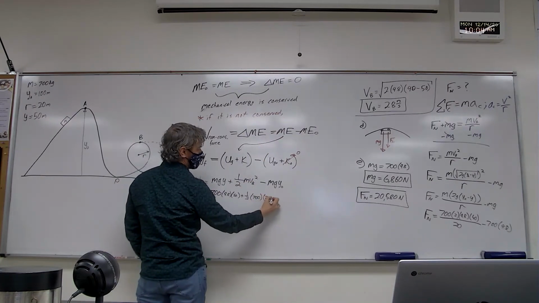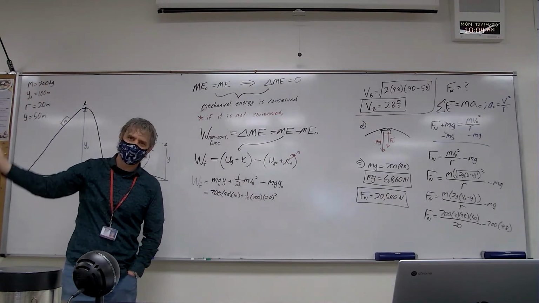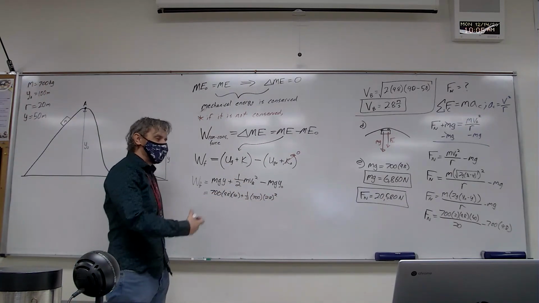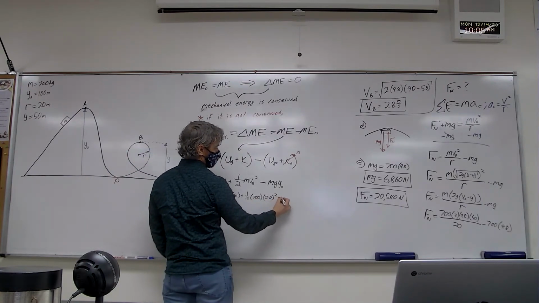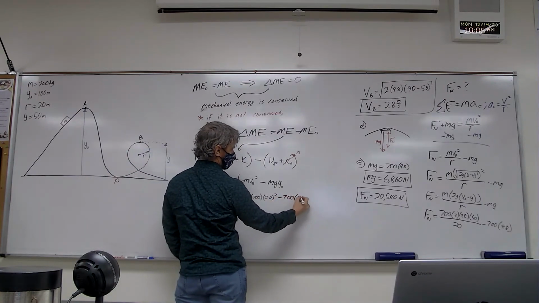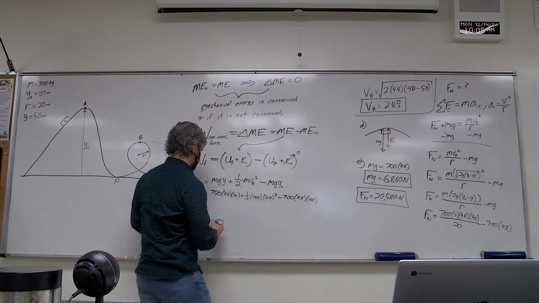That's the velocity that we had to raise the initial height to in order to have that velocity at that point in the real scenario where we actually had friction doing work. Minus 700 times 9.8 times our new initial height, which was 100 meters.